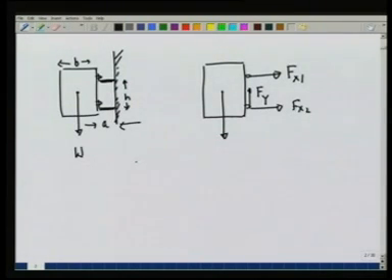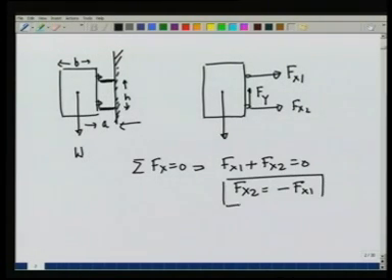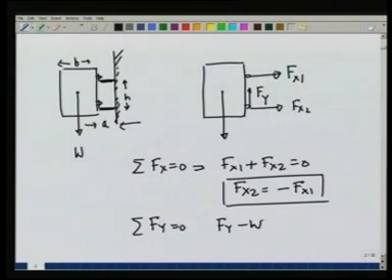Then the equilibrium conditions, that summation Fx is 0 gives me Fx1 plus Fx2 is equal to 0, or Fx2 is equal to minus Fx1. Similarly, the condition summation Fy is equal to 0 gives me that Fy minus W is 0, or Fy is equal to W.